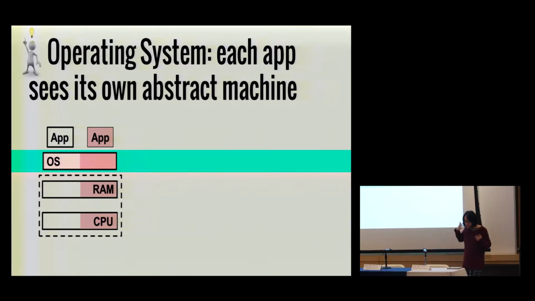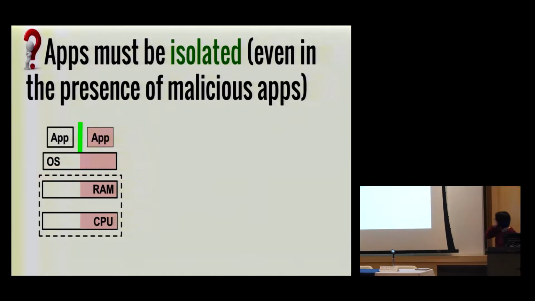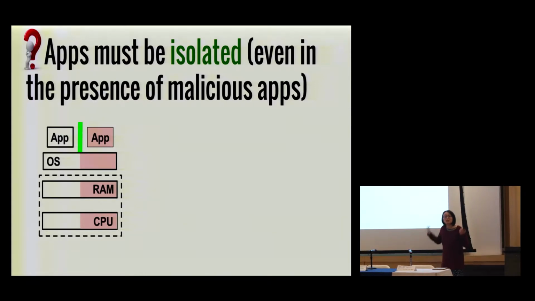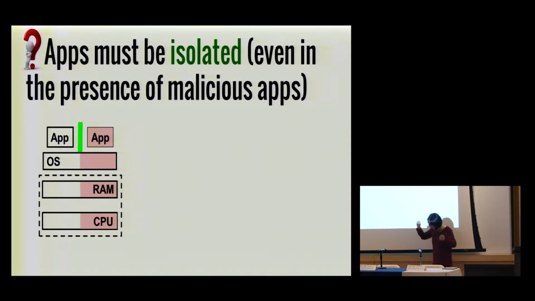From the perspective of the application programmer, each application sees its own abstract machine. Now we have multiple applications, and we also have security problems. Imagine one of your applications is a sensitive banking application that has, let's say, your credit card numbers, and another application may be an online gaming application.